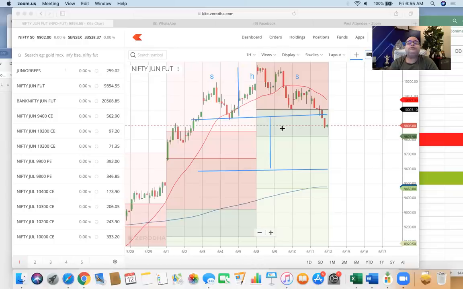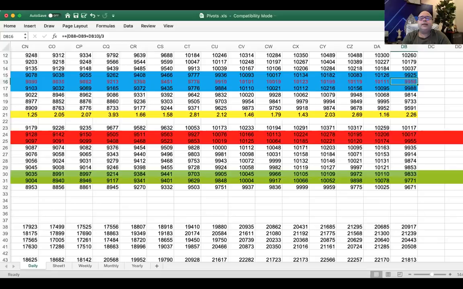So let me just clear all of this and go to the spreadsheet. Okay. Now these are the Tamborrada levels for the day.